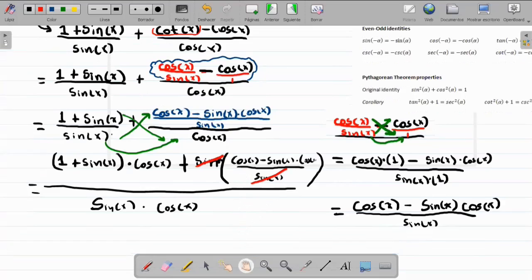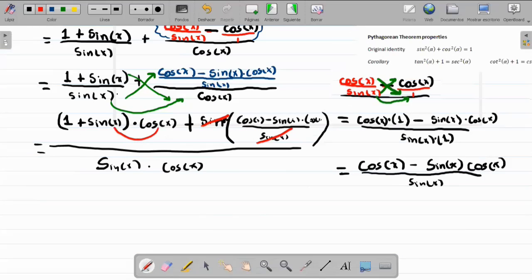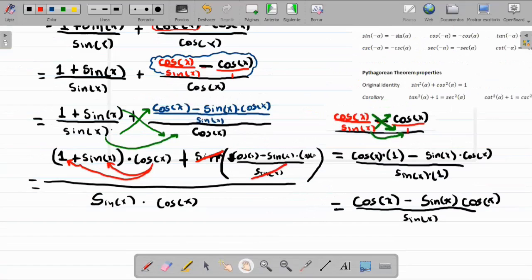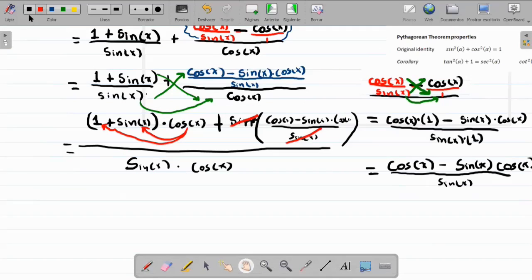Something else that you can do for the next step is apply the distributive property with this cosine of x. And you can multiply this cosine of x times each of these expressions. Sine of x times cosine of x is not an identity, it's not here. Sine of x times cosine of x doesn't exist. So we're gonna copy it like it is. I mean, we cannot do something else in here. It's like having x and y. If you multiply x and y, then you have the same expression, x and y.